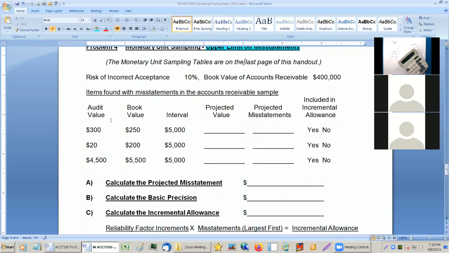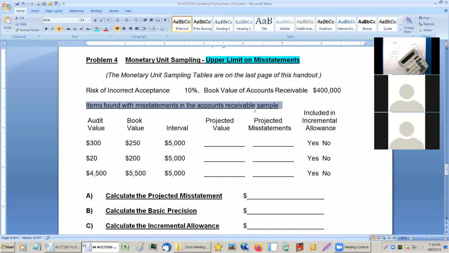Now, these are the items that were found with misstatements in the accounts receivable sample. You can find out how many items they took. You take 400,000 divided by 5, whatever that is.